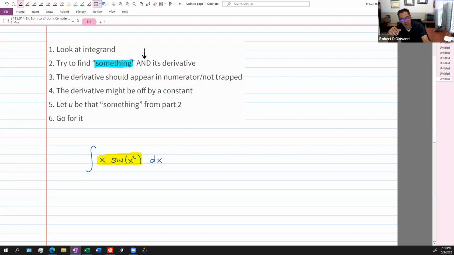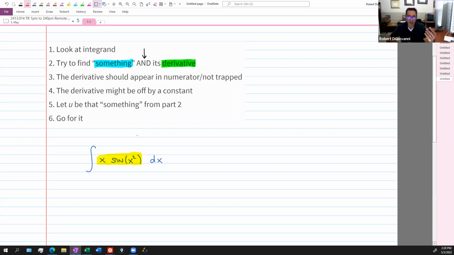And I also want to see its derivative, meaning whatever the something is that you're seeing, you need to also see its derivative. Do y'all see something and its derivative? What is the something that you're seeing, and then what is its derivative?